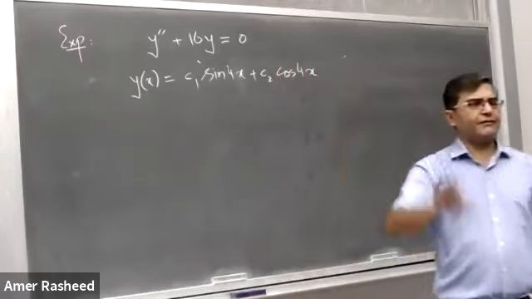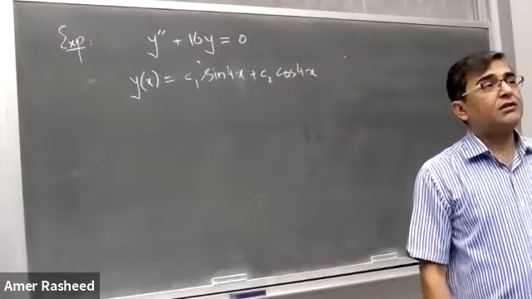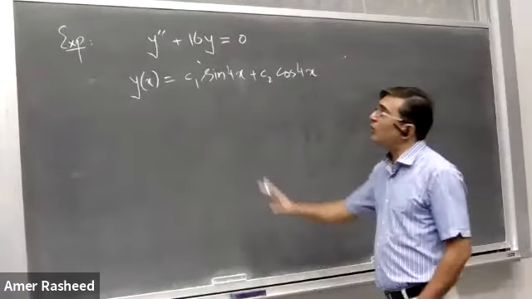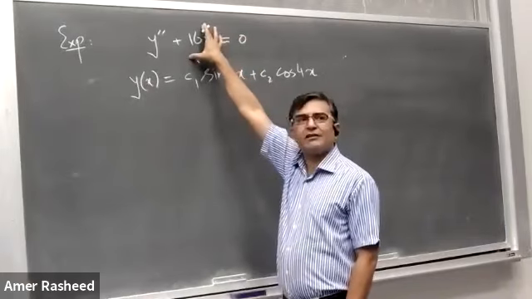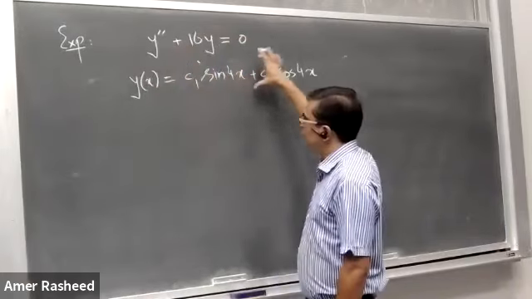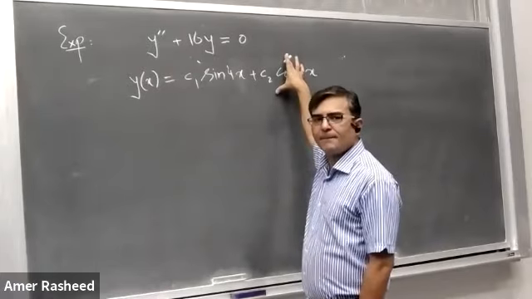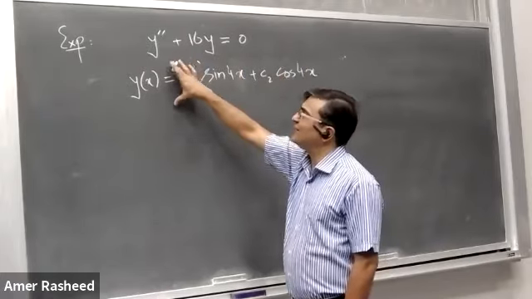This is the solution of this differential equation. We are not discussing how to solve this yet. This is a differential equation, and I know its solution will be this. You assume that this is the solution.